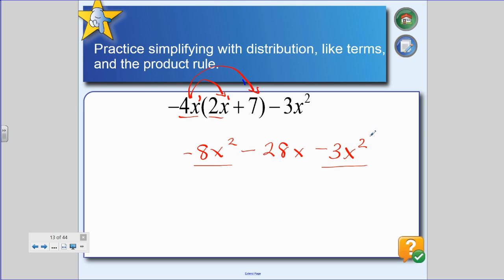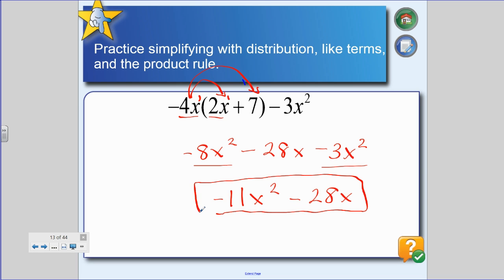So they are like terms, and I can add them together to make it negative 11x squared minus 28x. And if you think back to last unit, are these two things like terms? They both have an x in them. And the answer is no, these are not like terms.